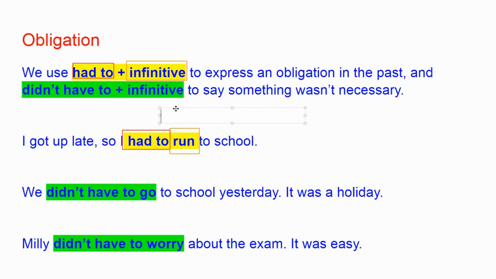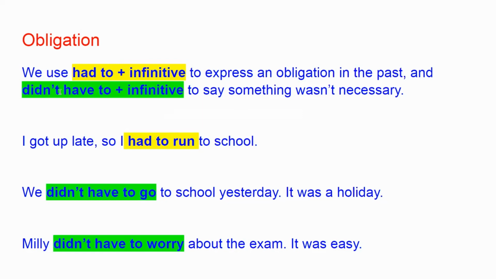Entonces no tendría dos to, sino solamente uno. Ya sabemos que es infinitivo y va had to run, ¿ok? Muy bien, continuamos con the next one, con lo del verde.